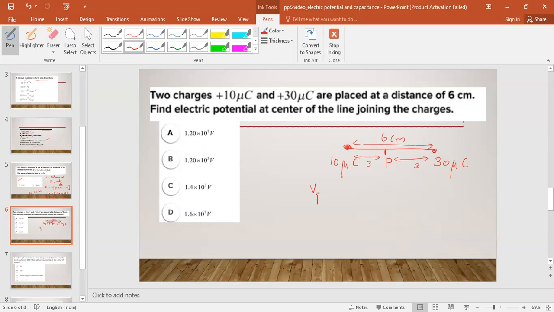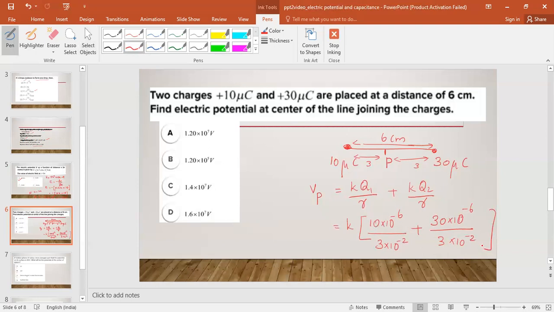So the potential at the point P will be, we know that for point charges, the potential at a point will be KQ1 by R plus KQ2 by R. So this becomes K into 10 into 10 raised to minus 6 divided by 3 into 10 raised to minus 2 meter, plus 30 microcoulomb into 3 into 10 raised to minus 2.